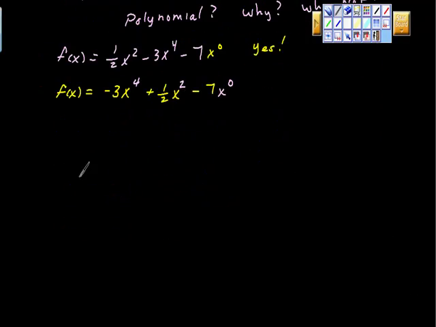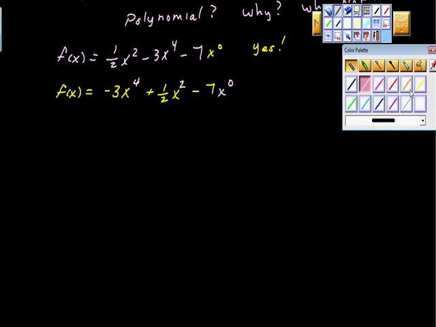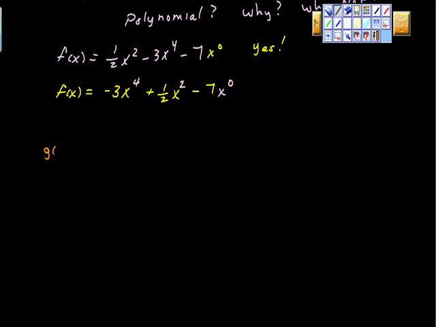Let's just do a couple more really quickly. What about this one? What if I said to you, g of x is equal to x cubed plus 3 to the x power? Polynomial, yes or no? David? I say no. Why not? What's weird about this?